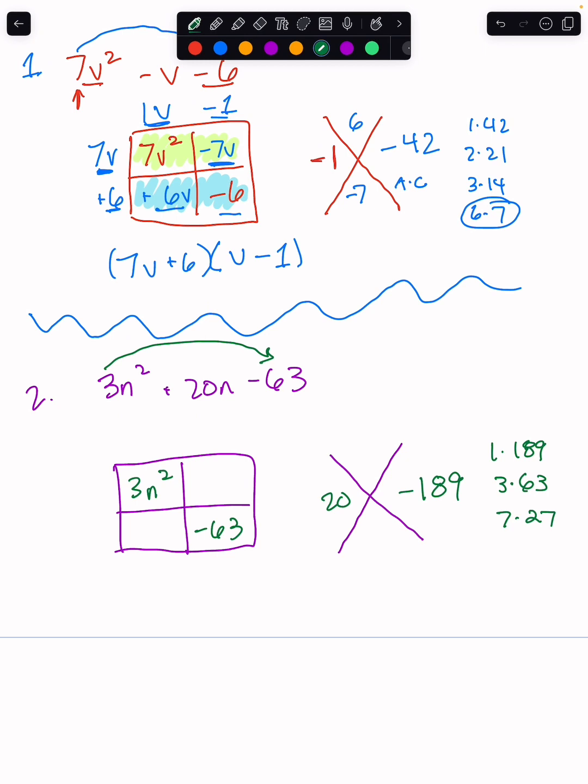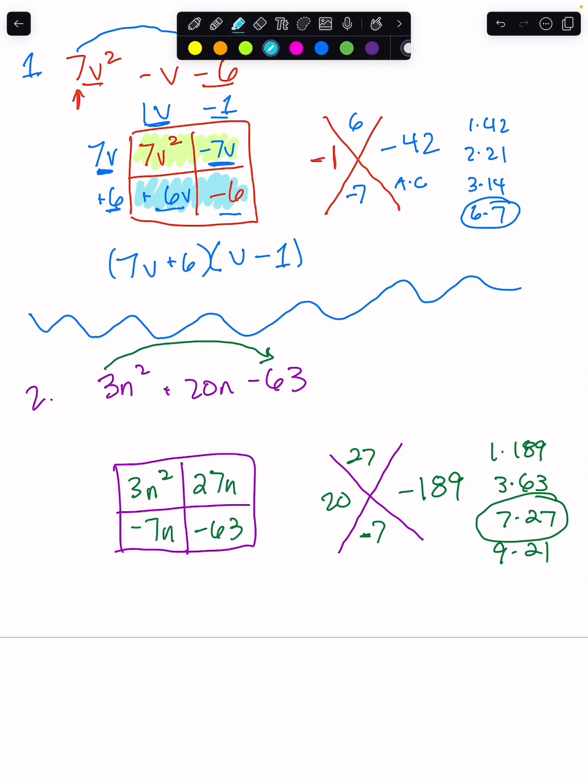I still can't get to my 20, or can I? 9 times 21. Is there a way to get to 20? Yes. Right here. I'm going to do 27 and 7. And I have to subtract the 7 because 27 minus 7 is 20. And then 27 times negative 7 is negative 189. So, let's see. I'm going to put the 27 in on the top and the negative 7 in on the bottom.